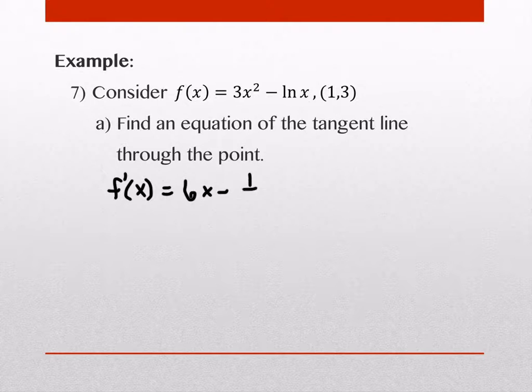Good. Does everybody have that okay? Yeah? All right, so now that I have the derivative, what do I need to do with the derivative in order to find slope? Right. This is the slope in general everywhere, but we actually want to find it specifically at the x value we were given, which was the x value of 1. So we have 6 times 1 minus 1 over 1, which gives me 5. So my slope is 5.